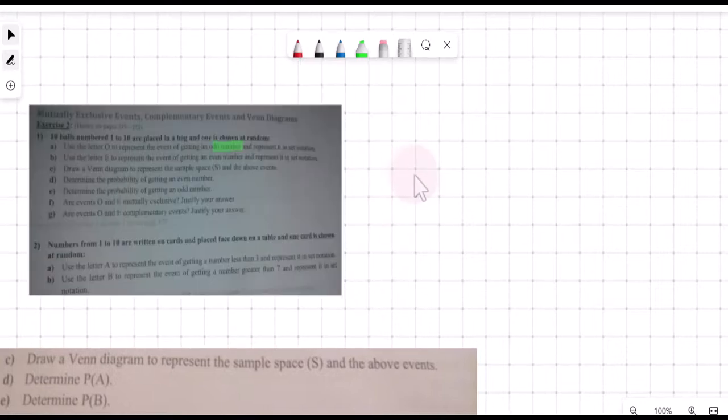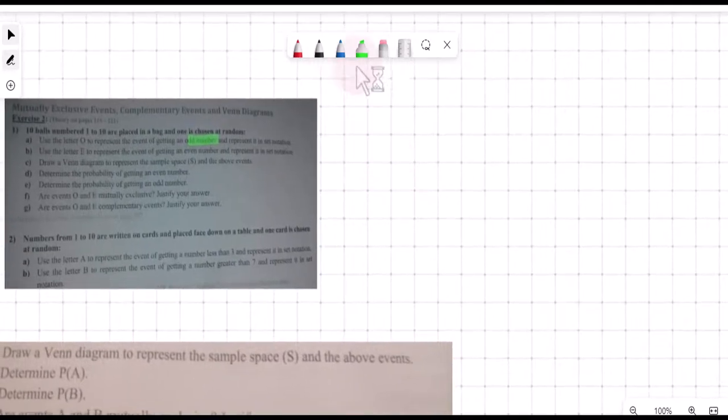Okay. So number 2, they are saying use the letter A to represent the event of getting a number less than 3 and represent it in a set notation. So it's going to be A equals 1 and 2. The numbers less than what? Less than 3.